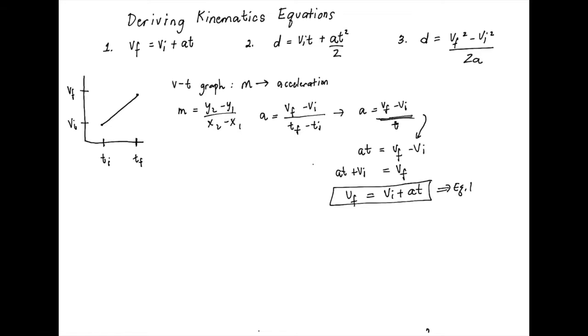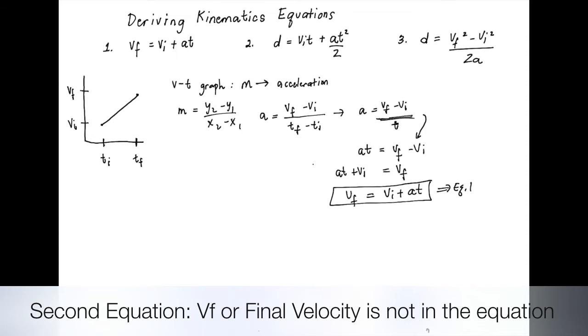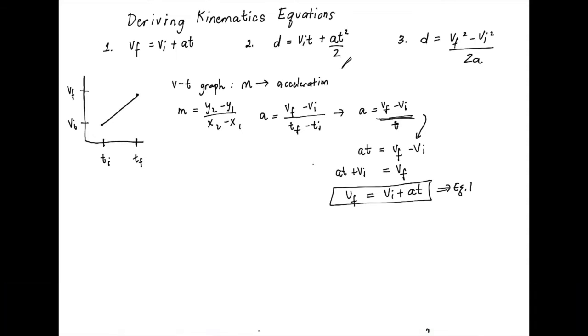Okay, this time let's derive our second equation, which is distance equals Vit plus At squared over 2. Now, still we have our VT graph, and assuming that I have a constant velocity and here my change in time. Say for example, I start with time 0 and velocity 0.